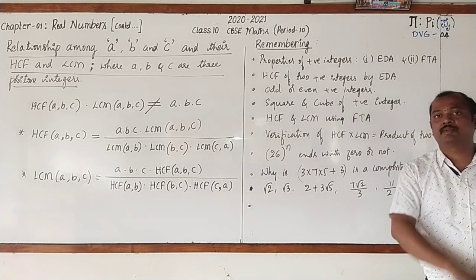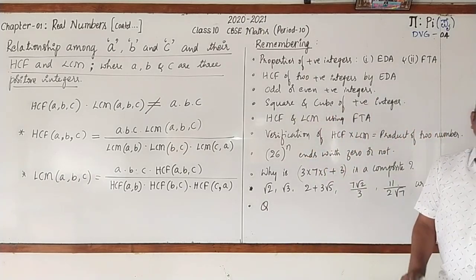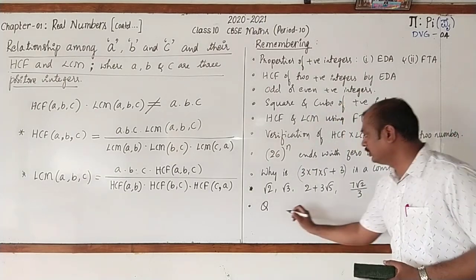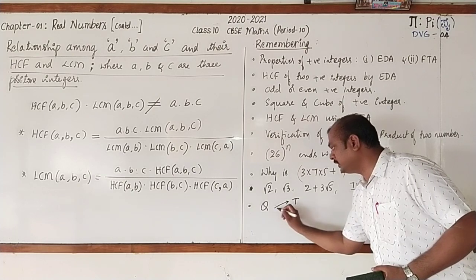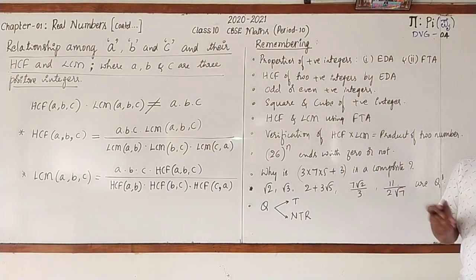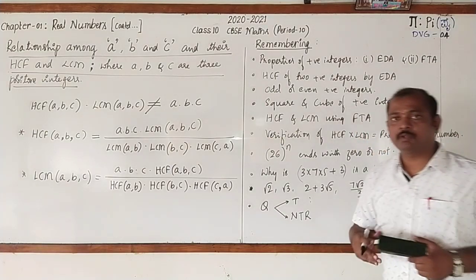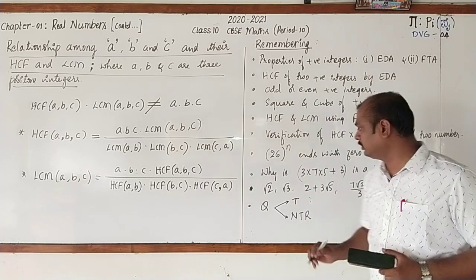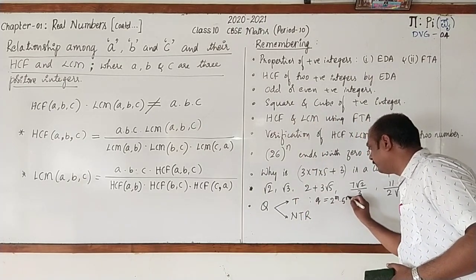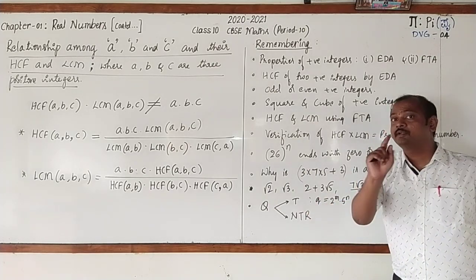Next, revisiting rational numbers, right? We all know that rational numbers can be expressed in decimal form in two ways. One is terminating, the second is non-terminating recurring. We have a condition for that. In P by Q form, if Q is of the form 2 raised to the power m into 5 raised to the power n, then the decimal expansion of that rational number terminates.